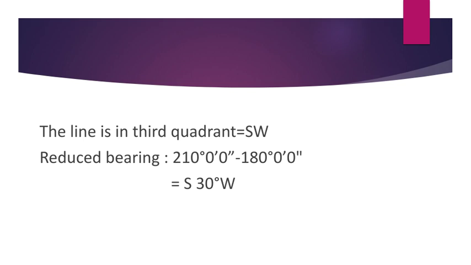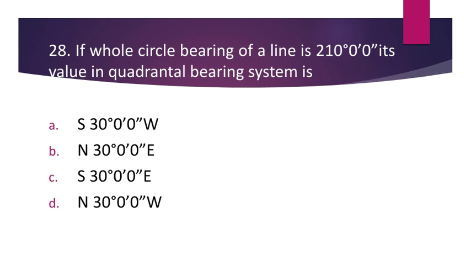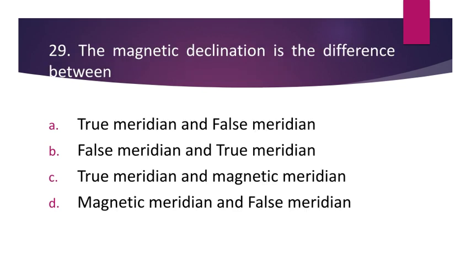The line is in the third quadrant, so southwest. Reduced bearing is found by 210 minus 180 degrees, that's 30 degrees. So the reduced bearing is south 30 degree west. Option A is the correct answer.